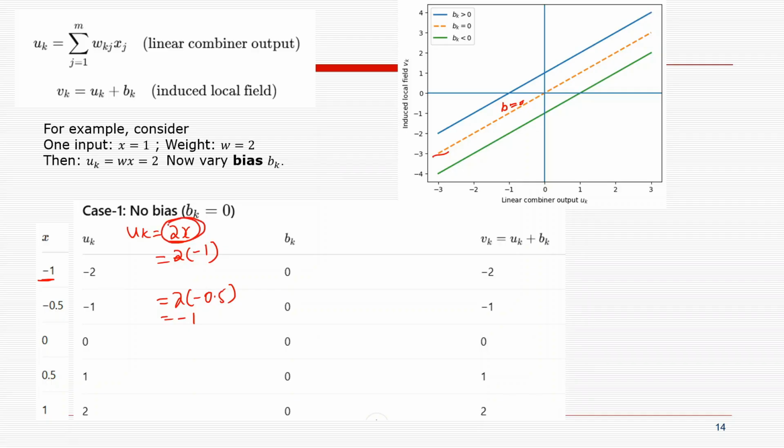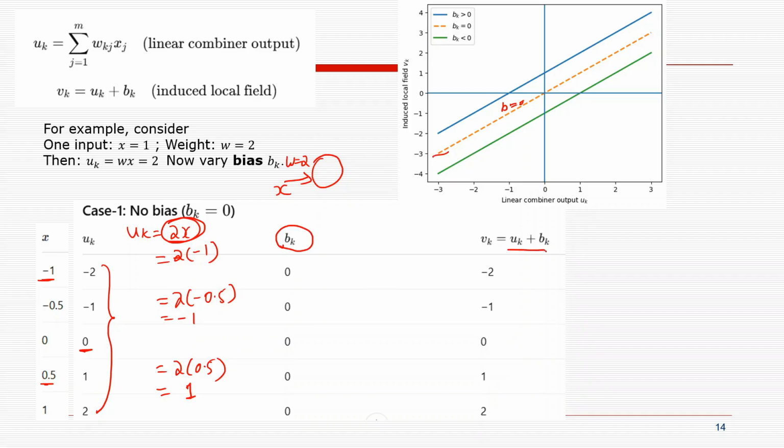We have taken one input neuron, having x and the weight 2. If the input is 0, UK is also 0. If the input is 0.5, it becomes 1. Now you got an idea of how we got minus 2, minus 1, 0, 1 and 2, and we have considered BK as 0.